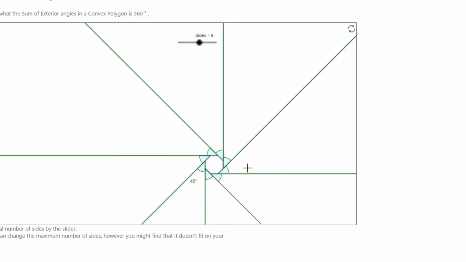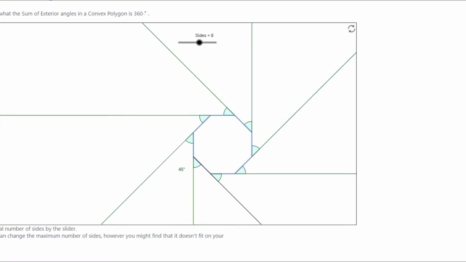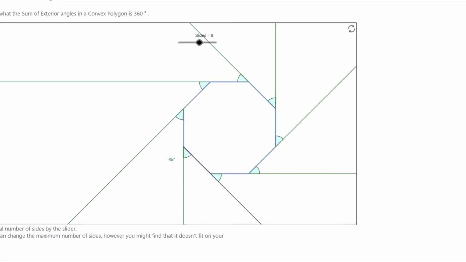So what I have here is just an application, and what we have is an octagon, 8 sides. Now these angles here, the ones that are marked, are the exterior angles.